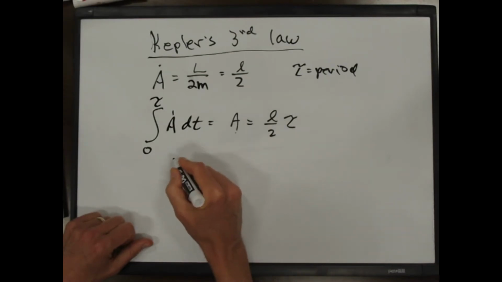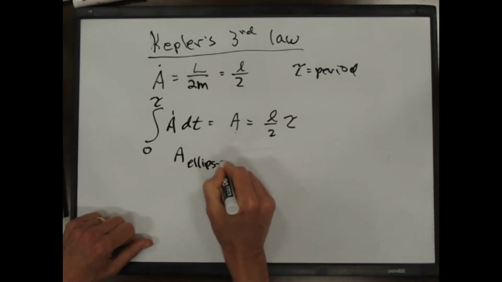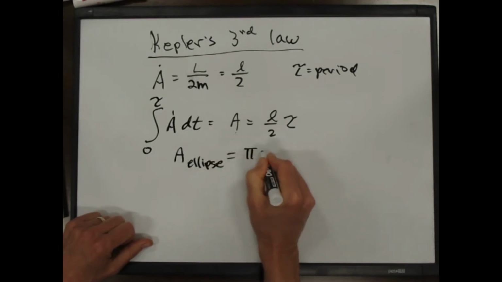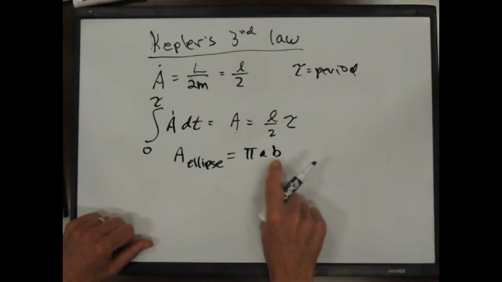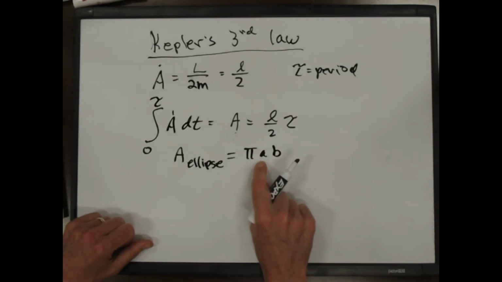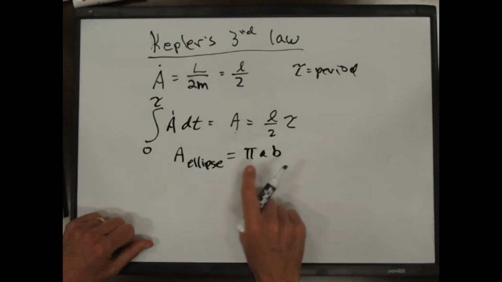And now you can say, well, the area of an ellipse is pi AB, right? That's what the area of an ellipse is, where that's the semi-major axis and that's the semi-minor axis. If it's a circle, it's pi r squared, but if it's an ellipse, it's pi AB.